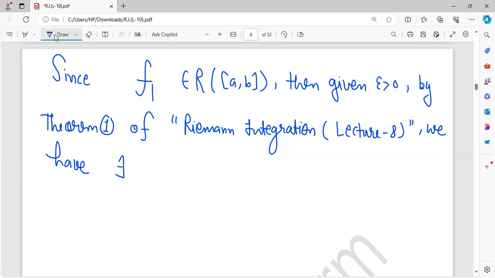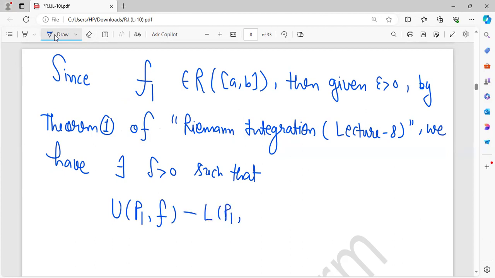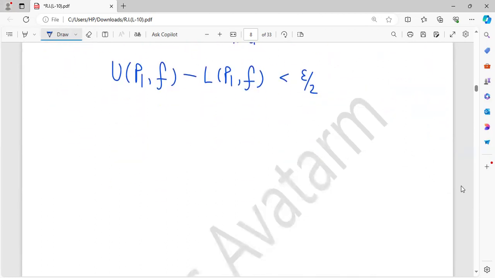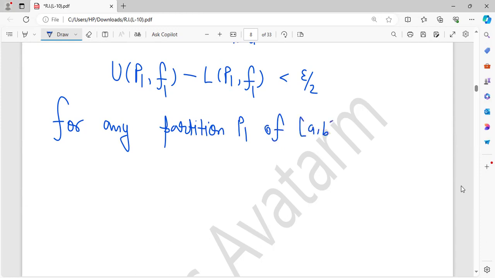So by theorem 1 of lecture 8, there exists a delta greater than 0 such that UP1F minus LP1F is less than epsilon by 2 for any partition P1 of closed interval AB with norm of P1 less than delta.